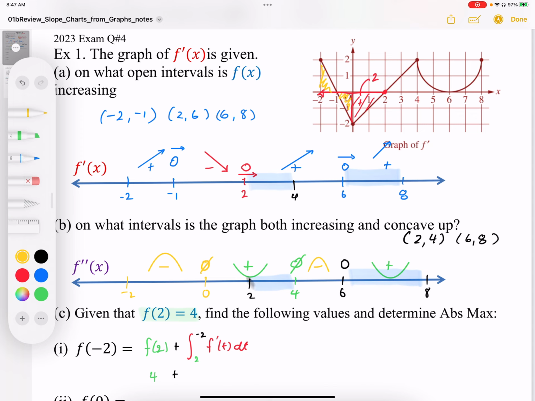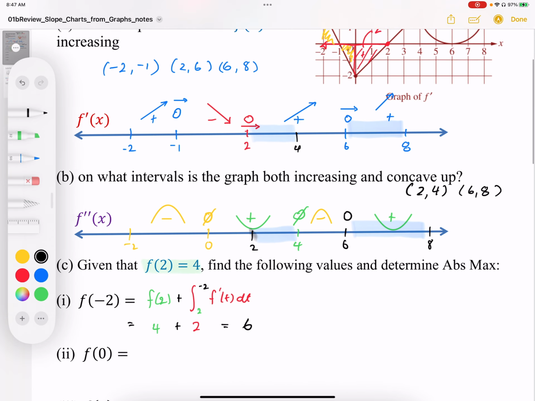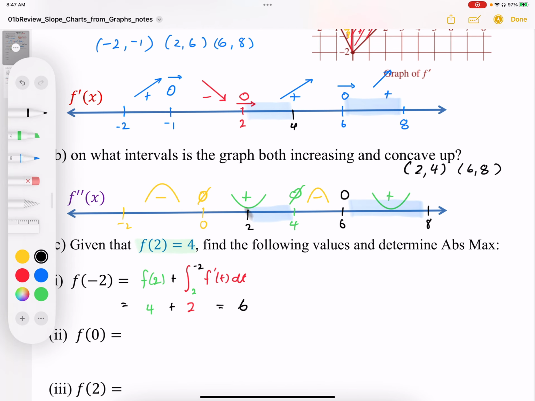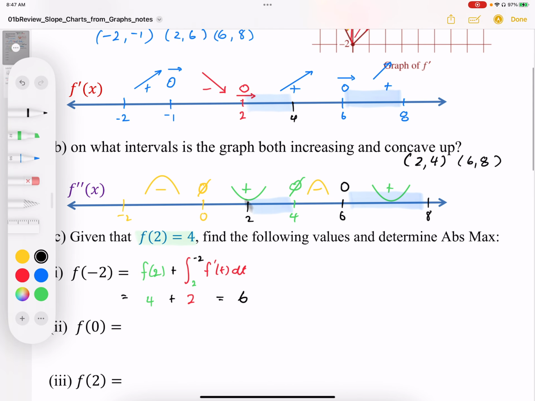So that area then becomes plus 2. And the y-coordinate of f of negative 2 works out to be positive 6. So we're going to then compare these points to figure out which of those points of interest are going to be our absolute max. So there's one candidate.